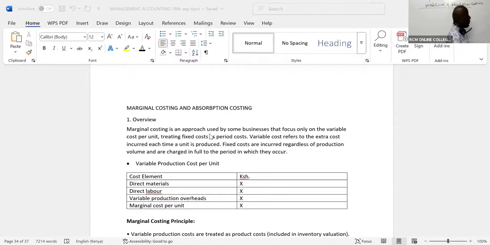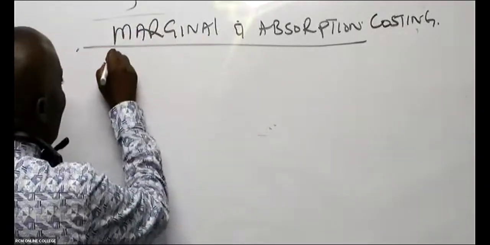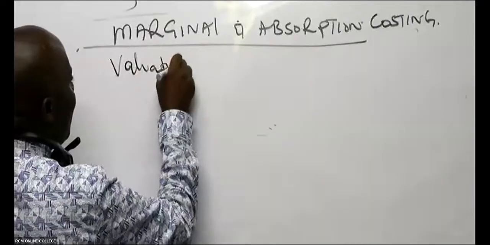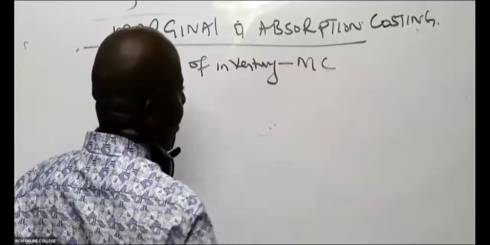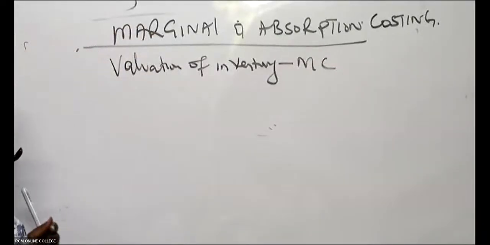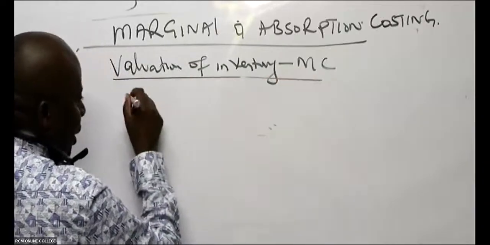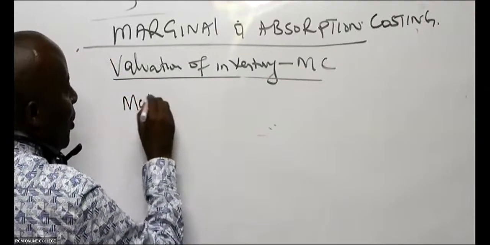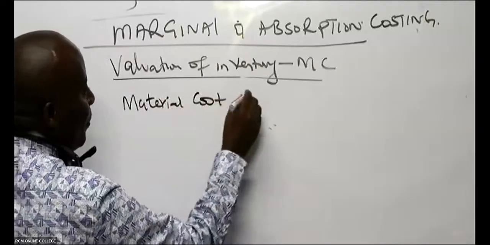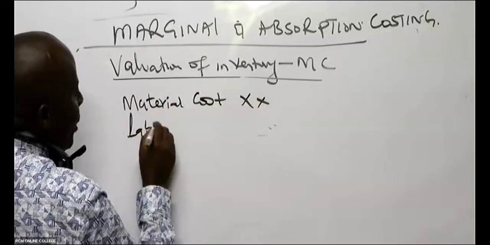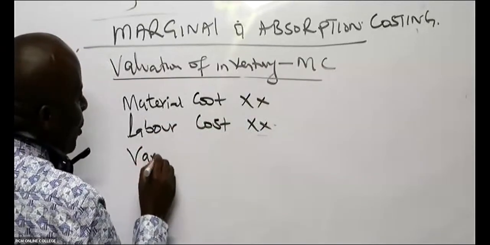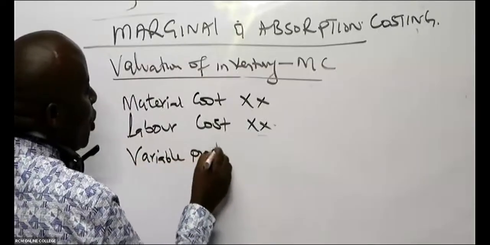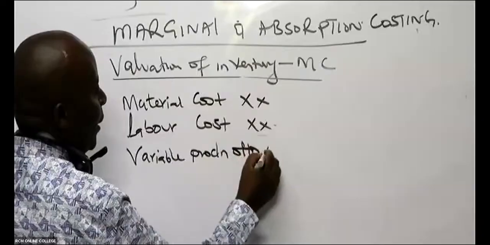So whenever we talk about valuation of inventory under marginal costing, I'll be calling this one here MC. This is how we shall always be valuing our inventory. So we have here material cost, we have labor cost, we have variable production overhead.